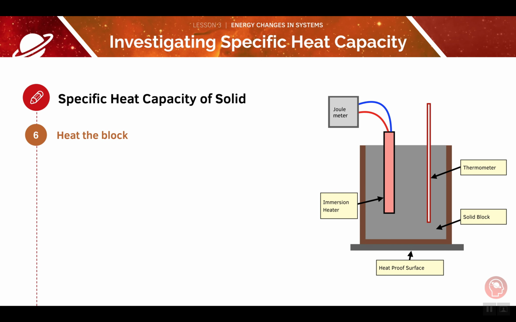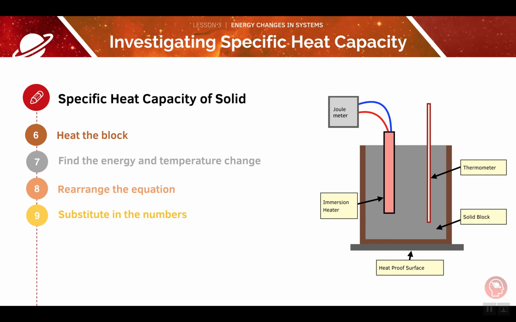We can heat the block up using the immersion heater. We can now find the energy and the temperature change using the joule meter and the thermometer. We can rearrange our equation to find the specific heat capacity and substitute in our numbers. Finally, we need to ensure that we give the specific heat capacity in the correct units.